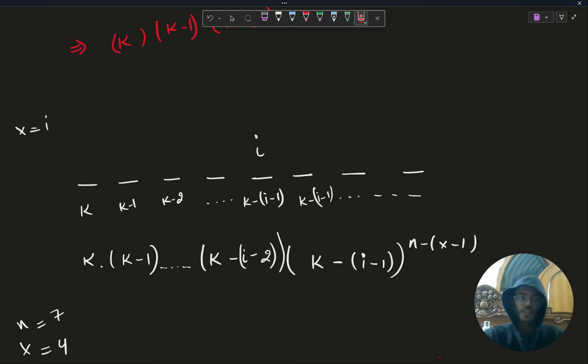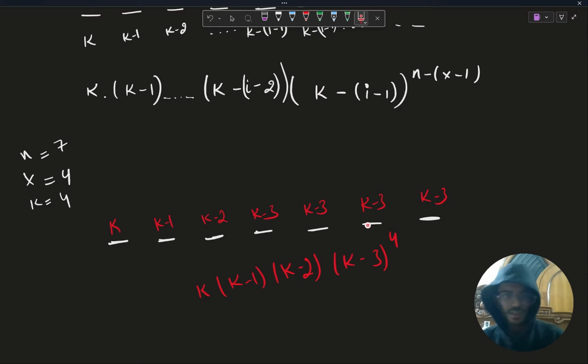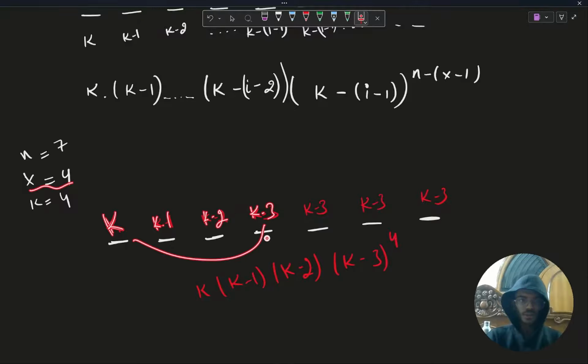Now let's verify it once for x equal to 4, just a sanity check to see if our formula is correct or not. If our x is equal to 4, then there are k options for the first index, k minus 1 options for this, k minus 2 for this, k minus 3 for this, because these cannot be equal.